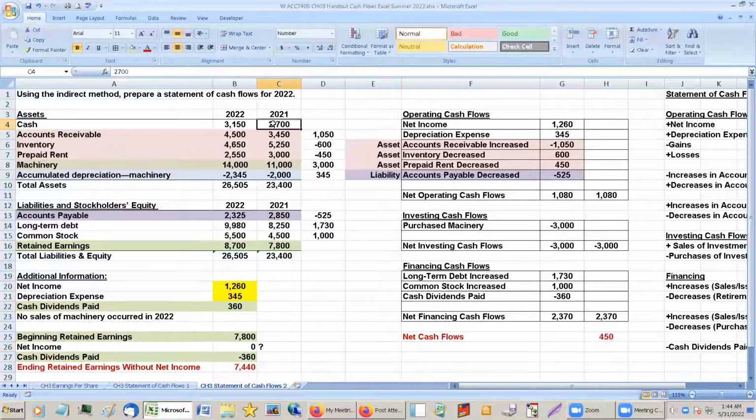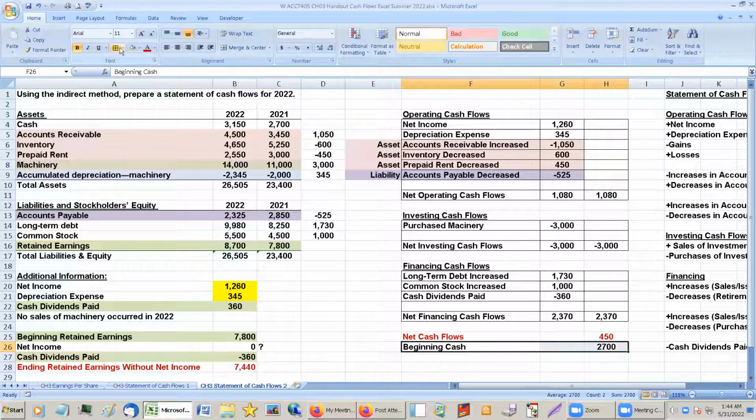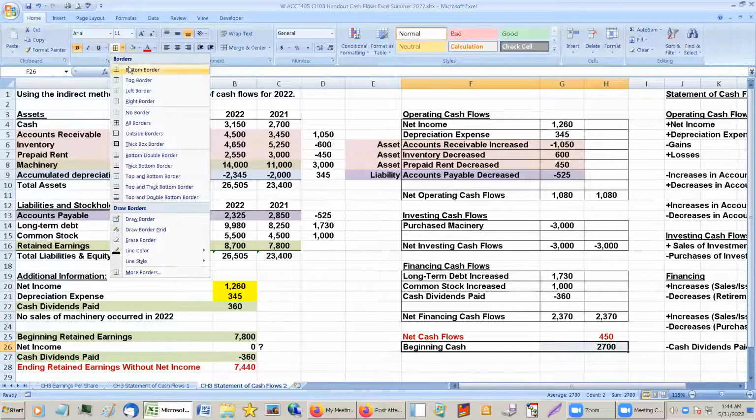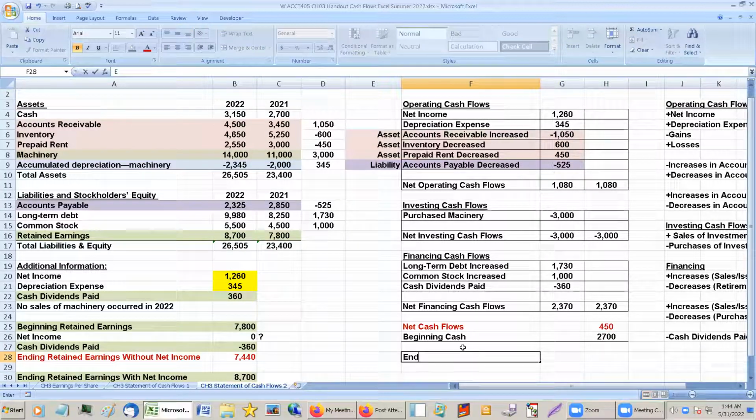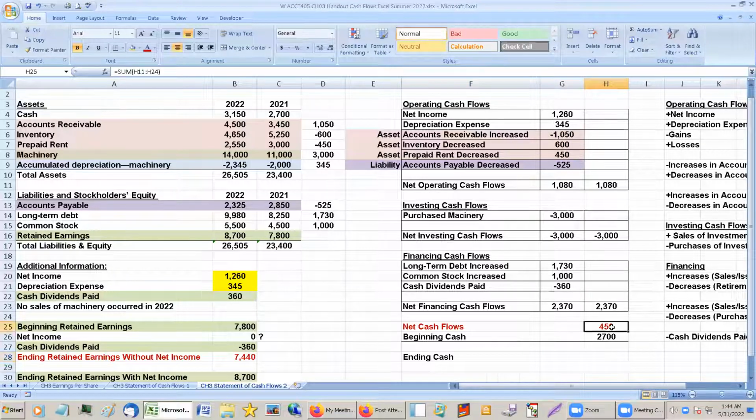If you come up here, our beginning cash was 2,700. So if we add those two together, we should come up with the ending cash. And we do.